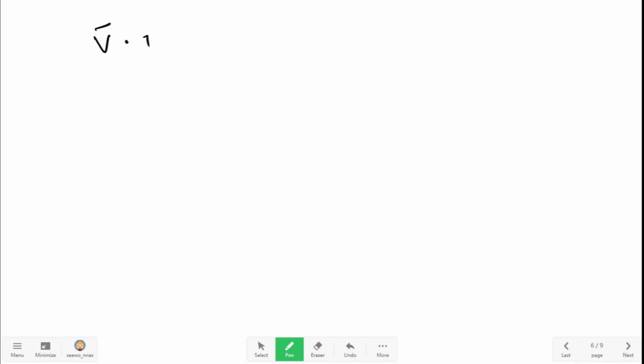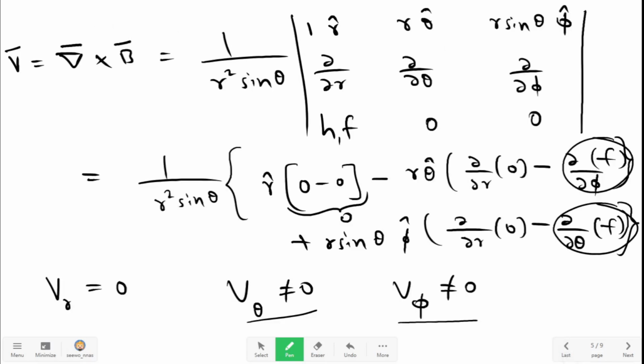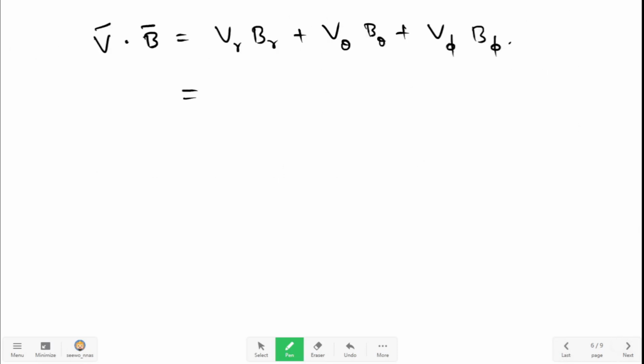V dot B is equal to V_r B_r plus V_theta B_theta plus V_phi B_phi. Now we have seen here that V_r is equal to 0, but V_theta and V_phi are non-zero.